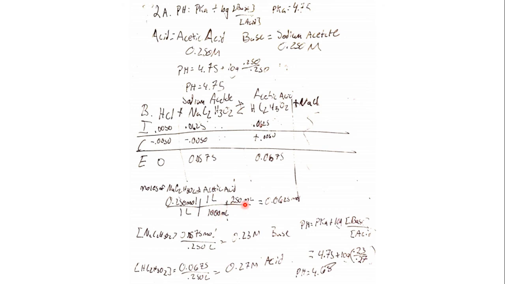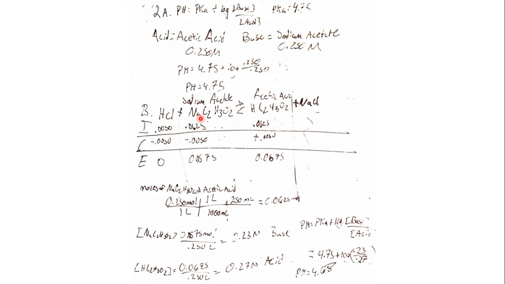I have exactly 250 milliliters of solution, so milliliters cancel out, liters cancel out, and I have 0.0625 moles. That's how many moles of acetic acid and sodium acetate I have. They're the same because they're the same molarity and in the same volume. So both 0.0625 are my initials.